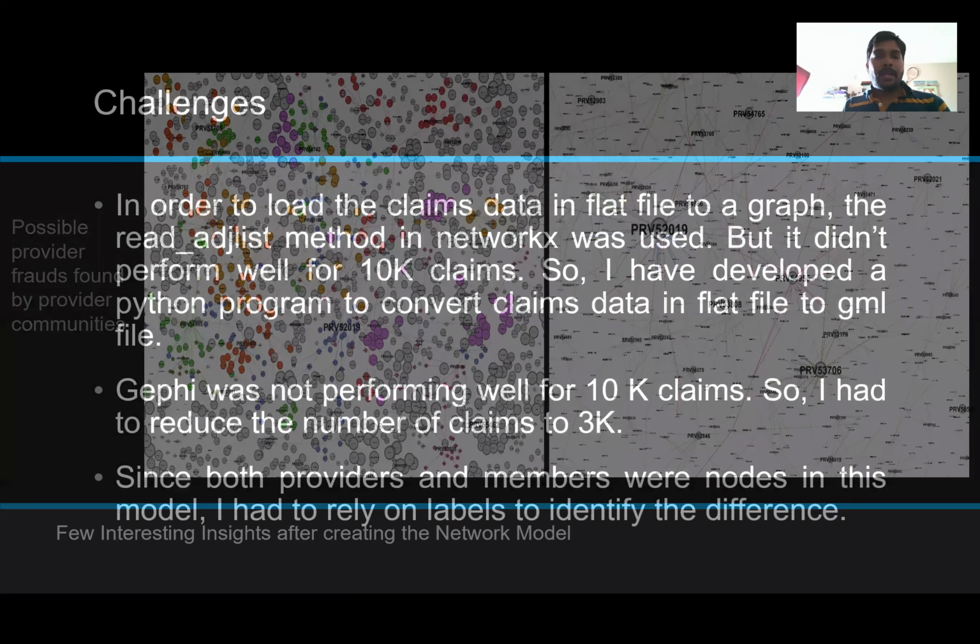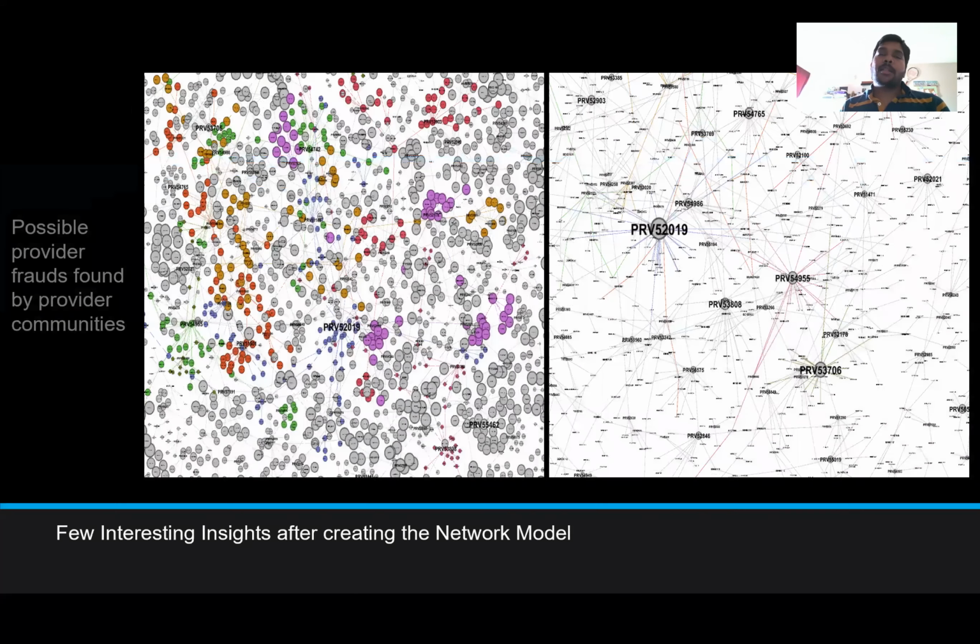We cannot say exactly that all the providers having big communities have committed fraud, but this is a beginning step. We can take all these provider IDs from this network model and proceed to further analysis, like how much money is involved, how many claims are involved, or what services are involved.